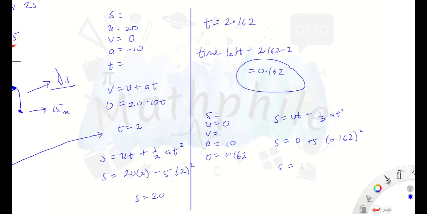You said you got S to be equal to 0.131. Are you sure? Yes, that's it. 0.131.